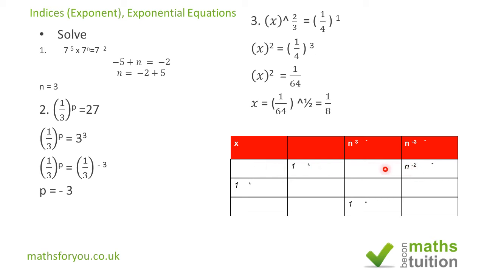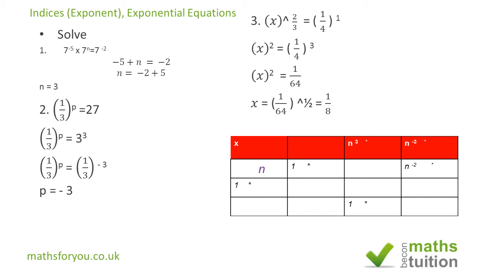We know that if we multiply an expression there by that there, we get n to the power minus 2, which means that if we divide n to the power minus 2 by n to the power minus 3, that should give us the answer we need there. So n to the power minus 2 divided by n to the power minus 3 is the same as saying n to the power minus 2 minus minus 3, which is plus 3. So our answer is going to be n to the power 1. And that's what we got there.